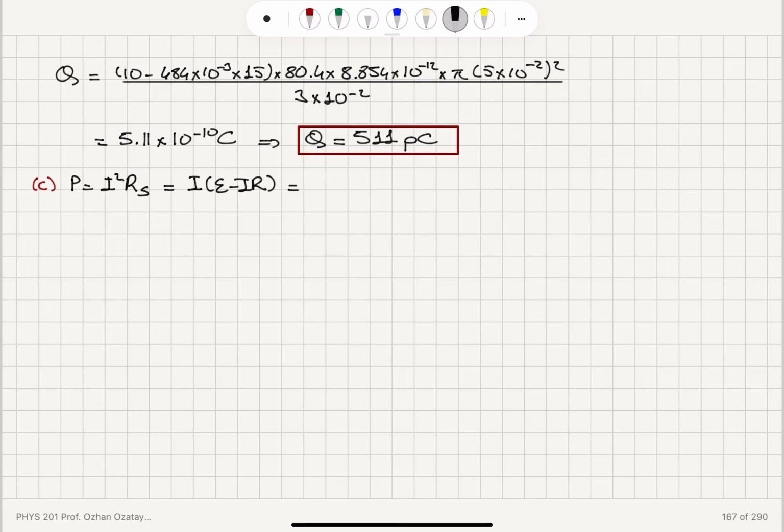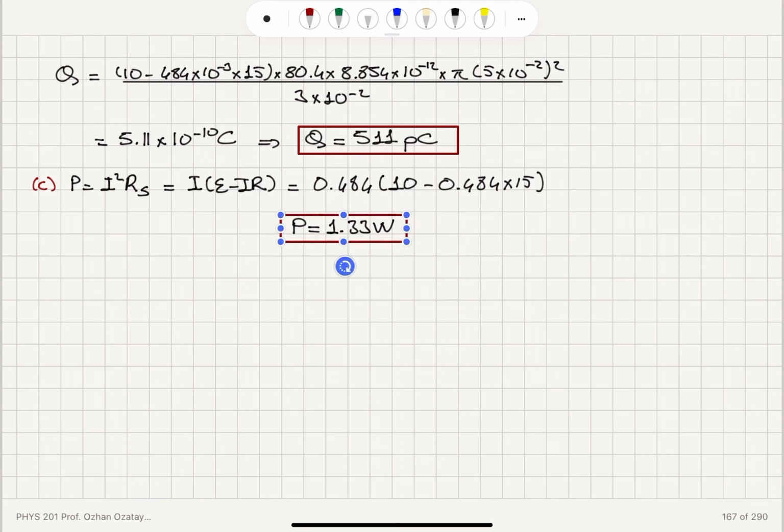And that is 0.484 amps multiplied with 10 minus 0.484 times 15, I find that the power is 1.33 watts. That's the energy dissipation rate of the salt water.